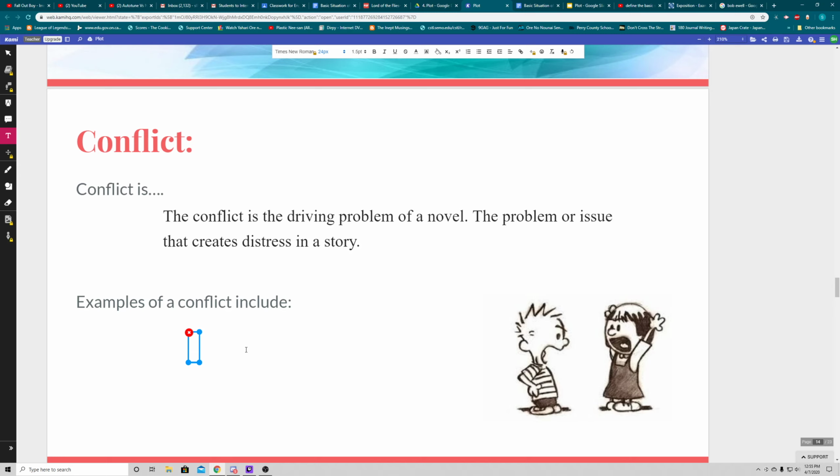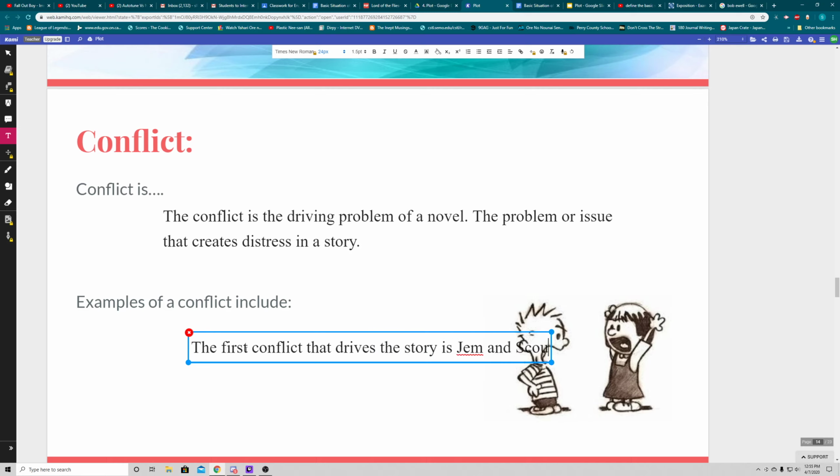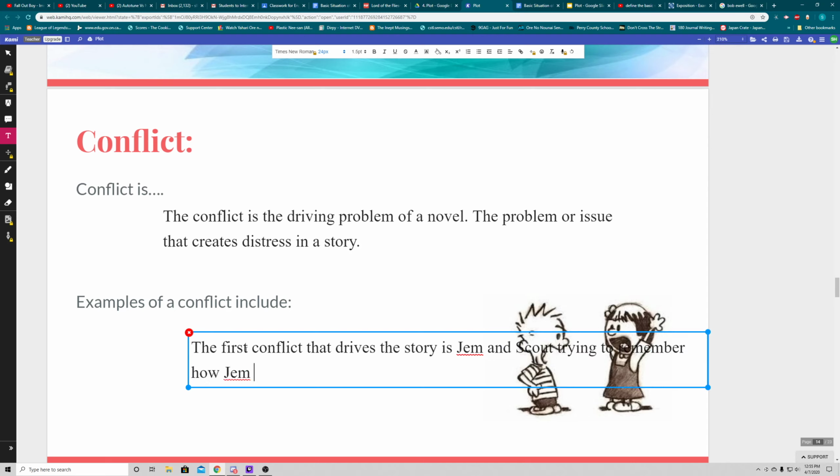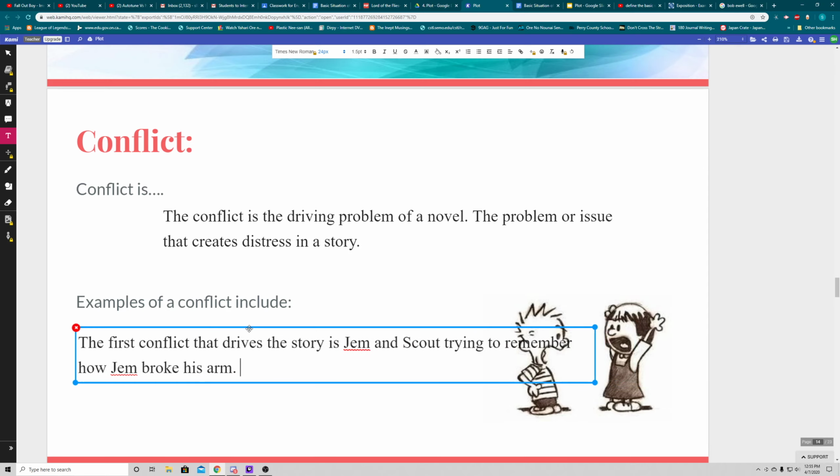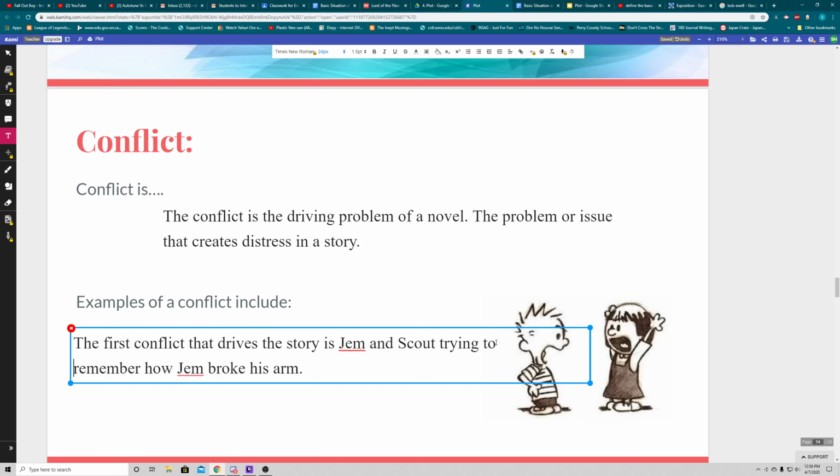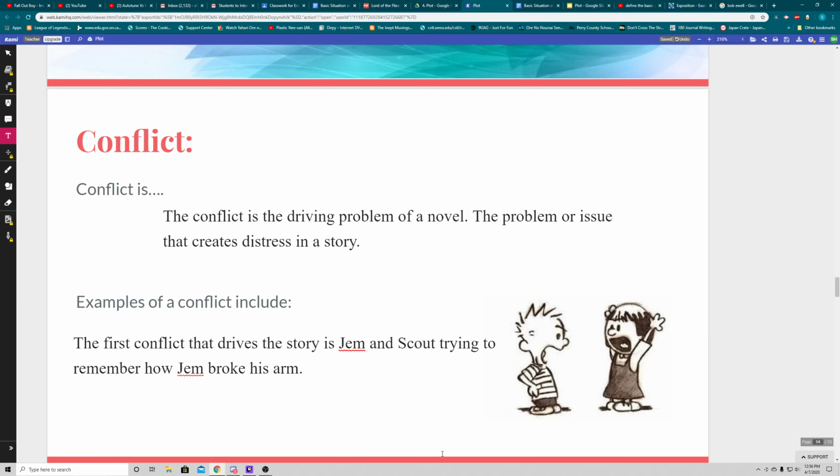So the very first conflict of To Kill a Mockingbird would be Jim and Scout trying to remember how Jim broke his arm. Okay, and then that would be an example of conflict.